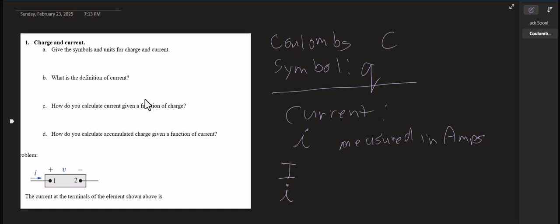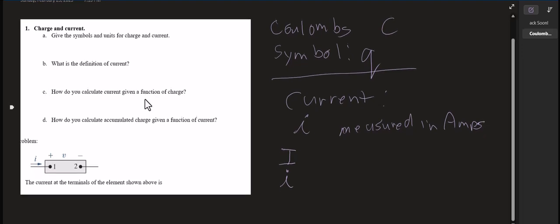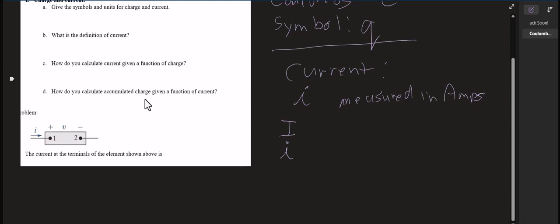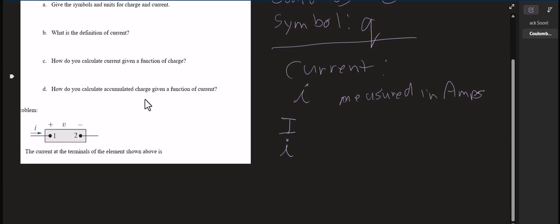I use both. And an amp is actually the fundamental unit, and the coulomb is actually the derived unit, which is kind of interesting. But what is the definition of current?